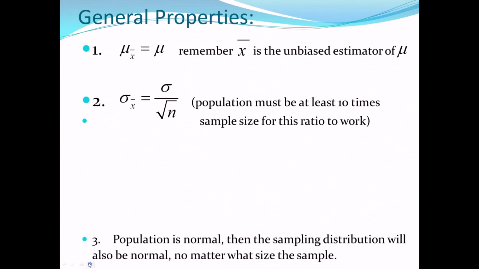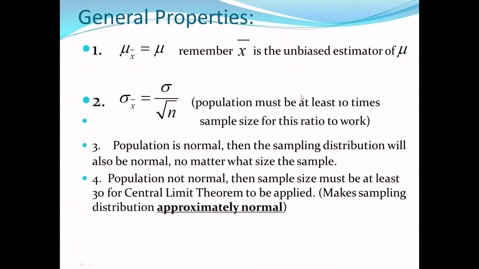All right, so all of these four things are kind of a recap of what you need to know. For your sampling distribution, these should be equal to the population parameters. They're an unbiased estimator, so if you know mu of x bar, and vice versa. If your population is at least 10 times your sample size, this equation works.